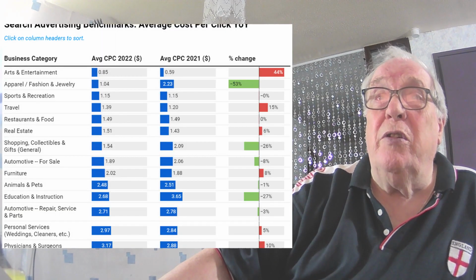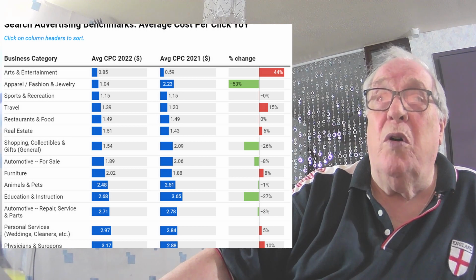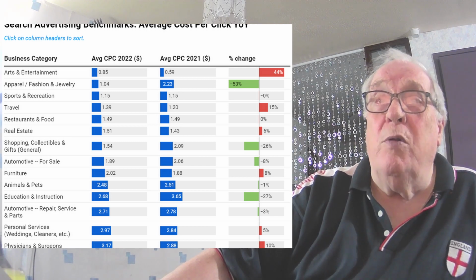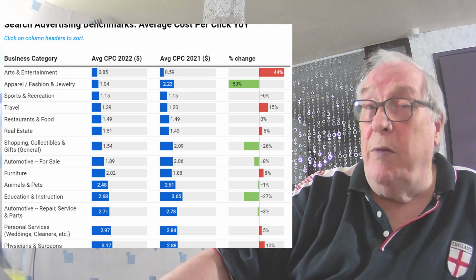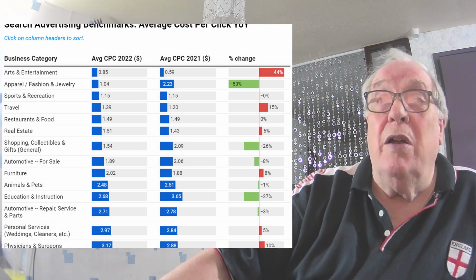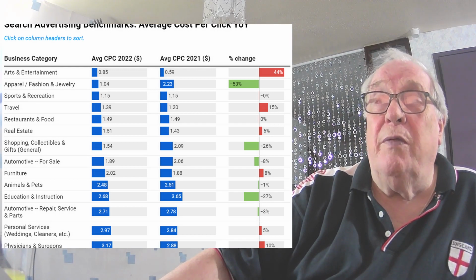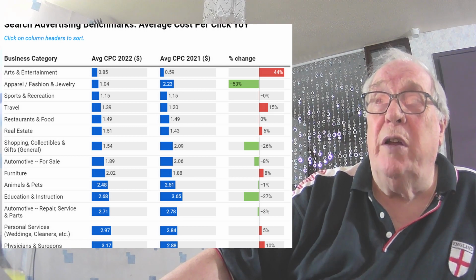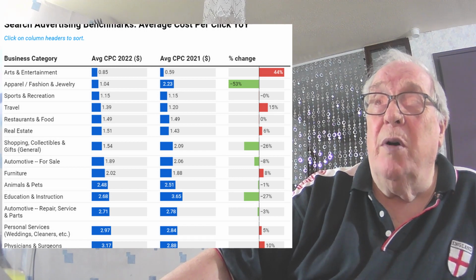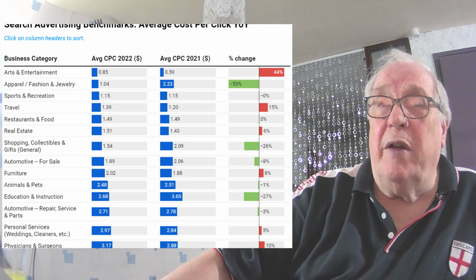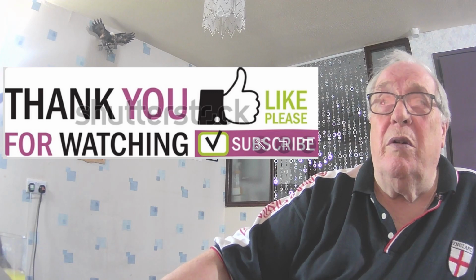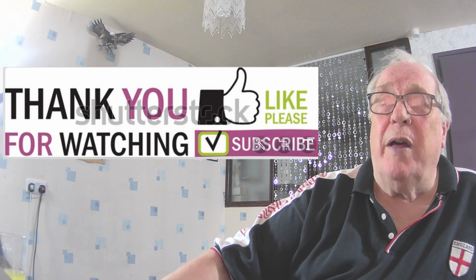The segments with the largest increase in cost per click were travel, plus 15%, and arts and entertainment, plus 44%. Similar to the above, only the former increased in CTR, minus 18%, while the latter was minus 17%. I hope you got some insights out of some of that.